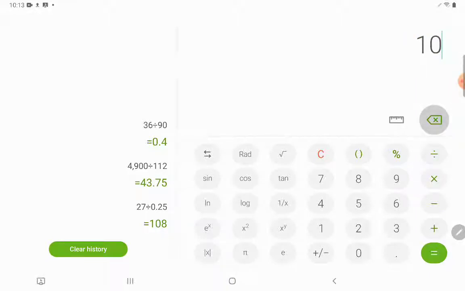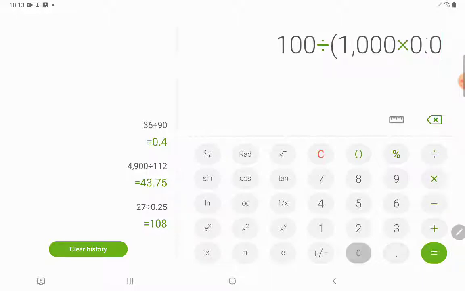So I have 100 divided by, oh, I have parentheses: 100 divided by 1,000 times 0.05.